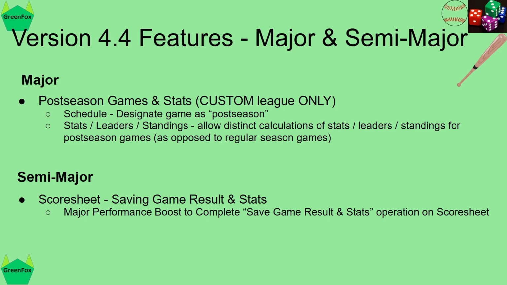They have a lot of options, so I decided that I'm not going to worry about that right now, but I'm going to focus on the custom postseason feature because I think that's more common.